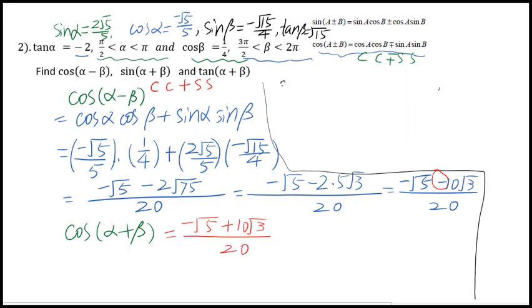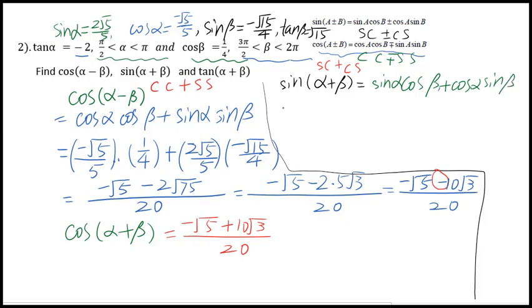Let's go to sine alpha plus beta. For sine, it will be SC plus or minus CS. So you get SC plus CS. You will get sine alpha cosine beta plus cosine alpha sine beta. Then we plug in.